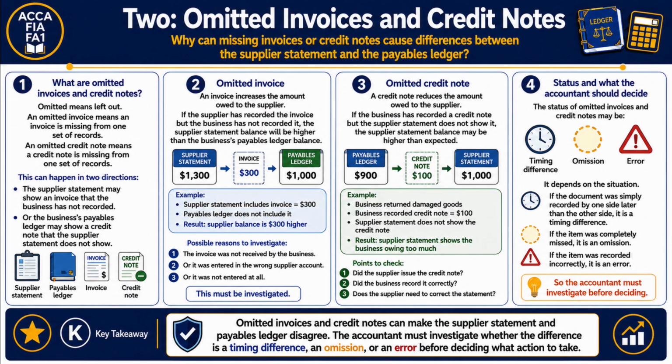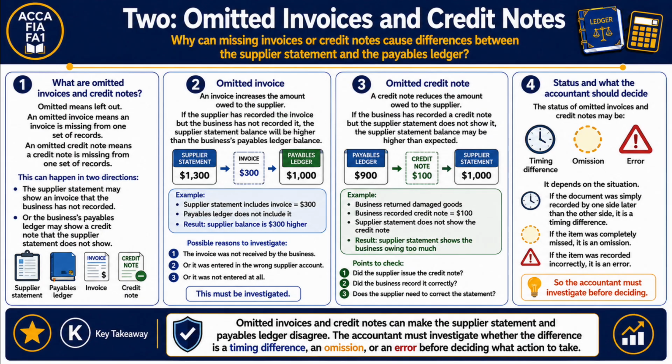Now the supplier says the business owes $300 more than the business's own records show. This may mean the invoice was not received by the business, or the invoice was received but entered in the wrong supplier account, or the invoice was received but not entered at all. This must be investigated.